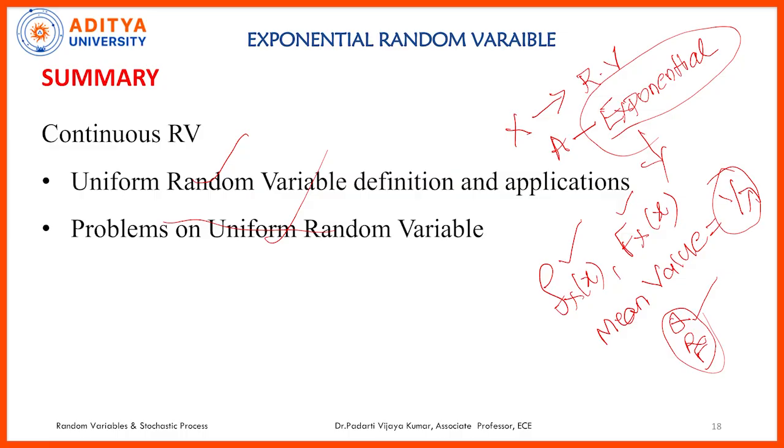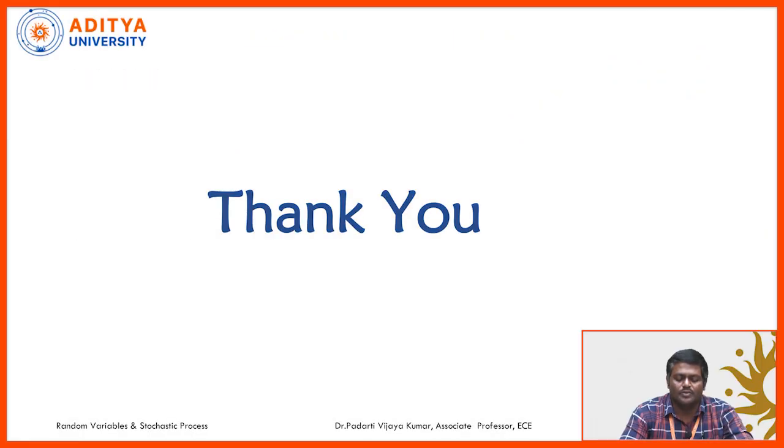In the next session, we will see the operations on a random variable. Operations in the sense we will see what is meant by expectation, its mathematical definition, and the properties of expectation, and we will see some real-time problems related to expectation. Okay, thank you.